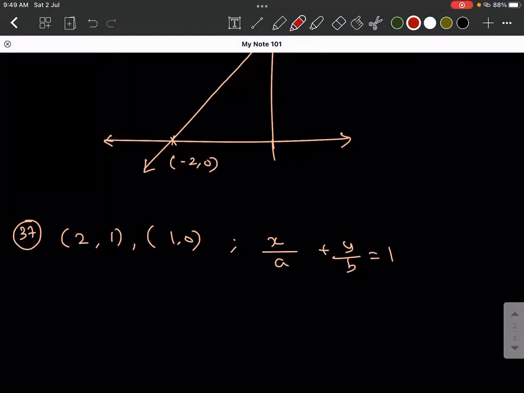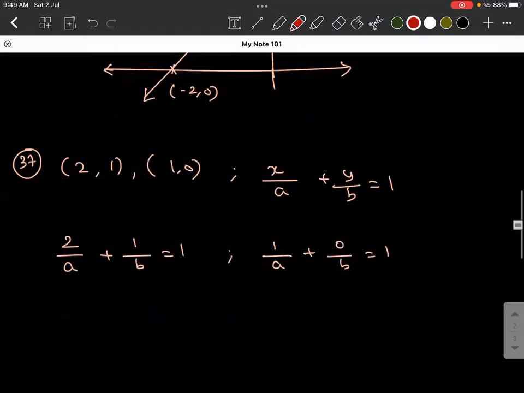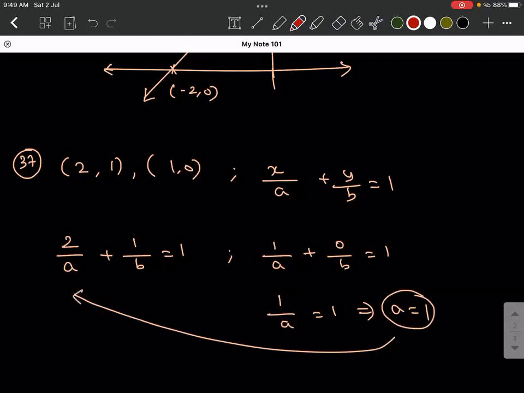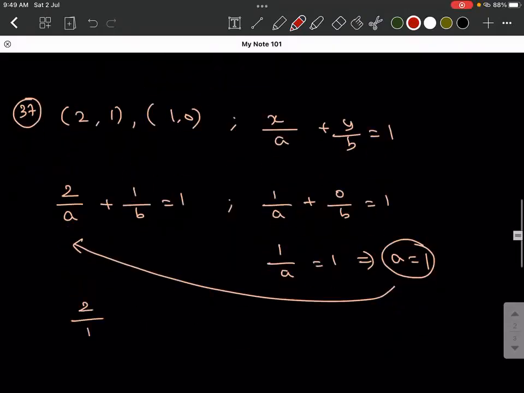How did you find? 2 by a plus 1 by b is equal to 1 and 1 by a plus 0 by b is equal to 1. Right? So 1 by a is equal to 1 means a is equal to 1. If a is equal to 1, substitute it here, then 2 by a plus 1 by b is equal to 1, which implies 1 by b is equal to minus 2.